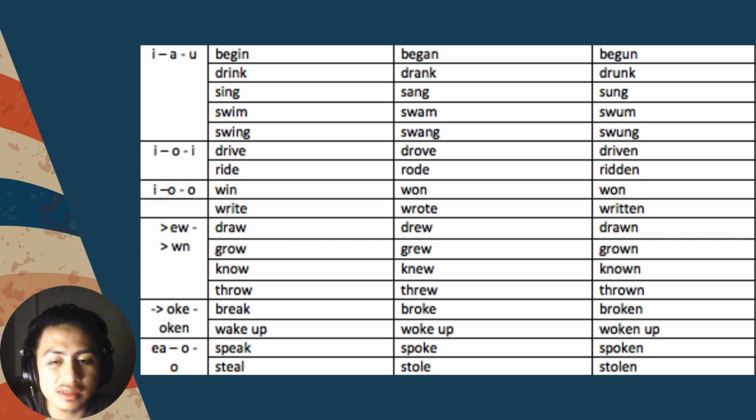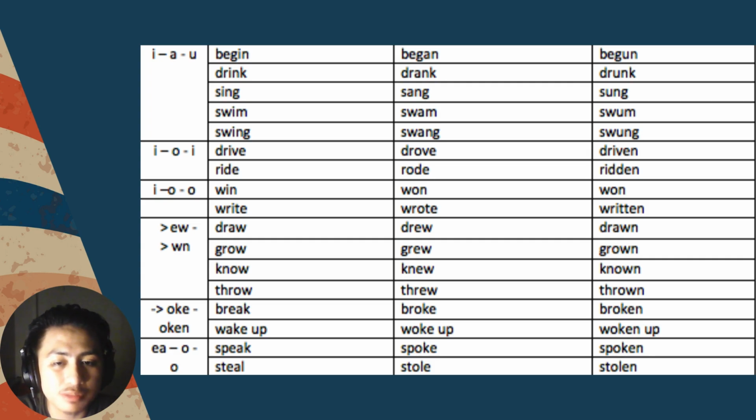Okay, some other verbs have to be changed to oken, like break and wake up. So those kinds of verbs are to be changed to oken.